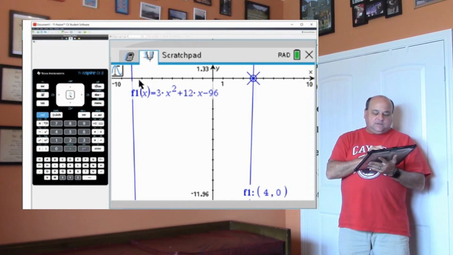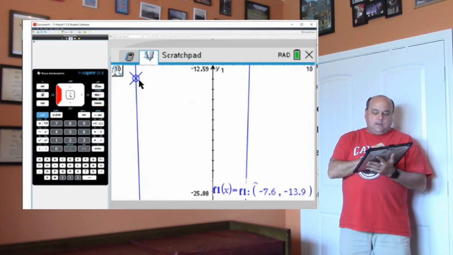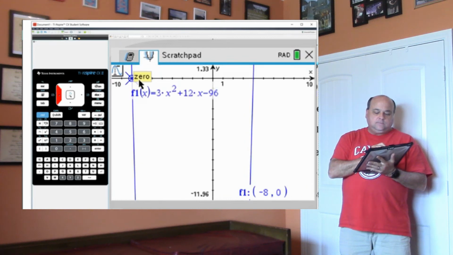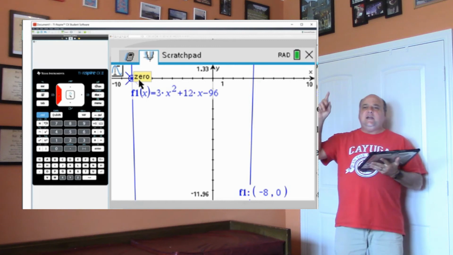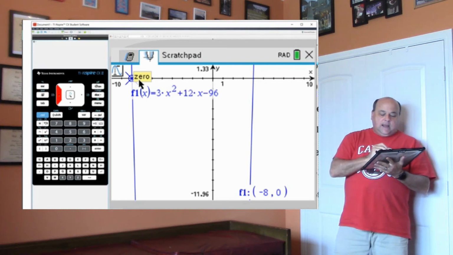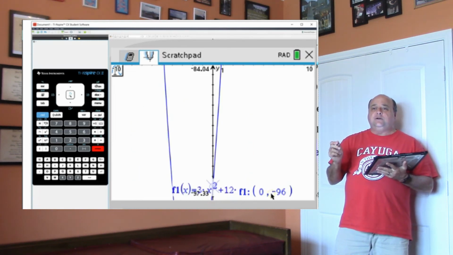Just type in -7. -7, hit enter, and it swings it all the way around. Go left and keep hitting the up arrow. There's my other zeros, so -8. So -8 and 4 are my zeros, and the -96 was the y. So if I hit 0, enter, the -96 is the y-intercept in it.